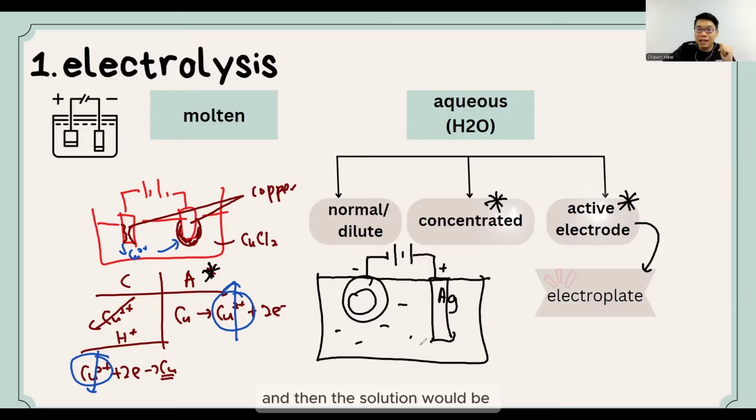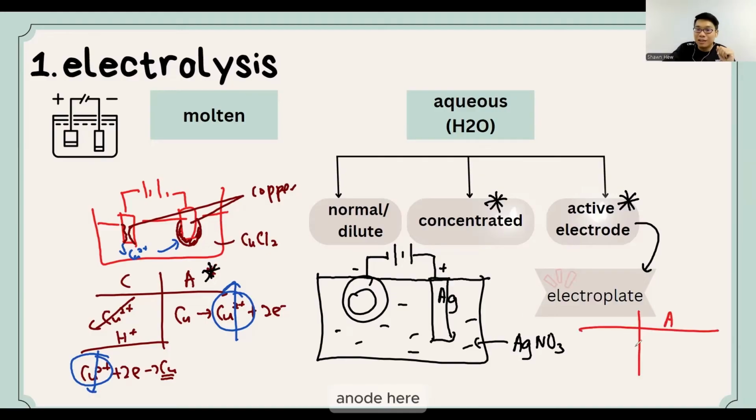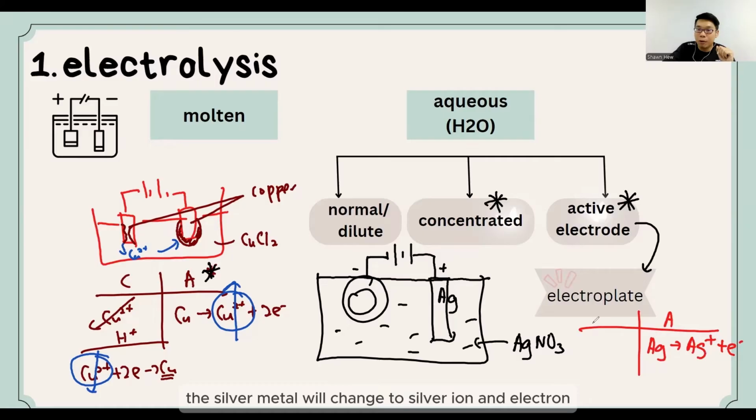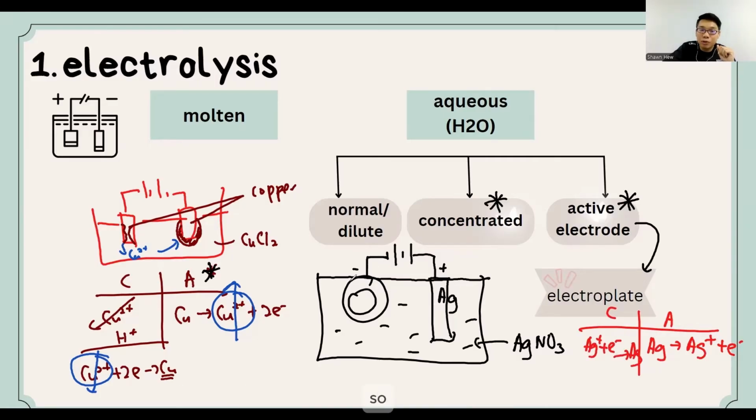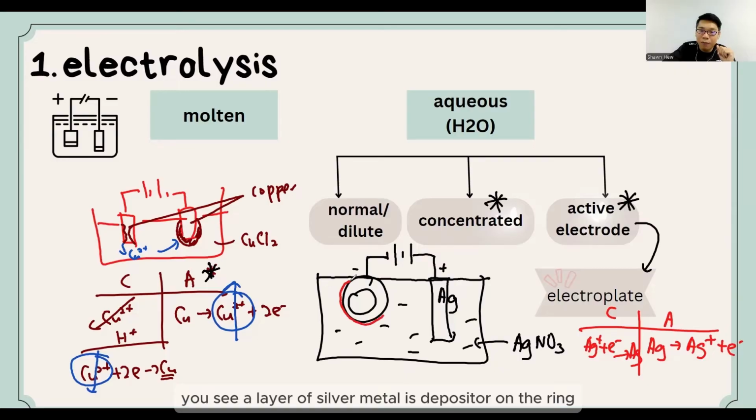And then the solution would be a salt solution that contains the metal ion that I want to plate. I choose silver nitrate. At anode here, the silver metal will change to silver ion and electron. Silver ion will discharge at cathode. So you see a layer of silver metal is deposited on the ring. So your ring will look very nice and very resistant.